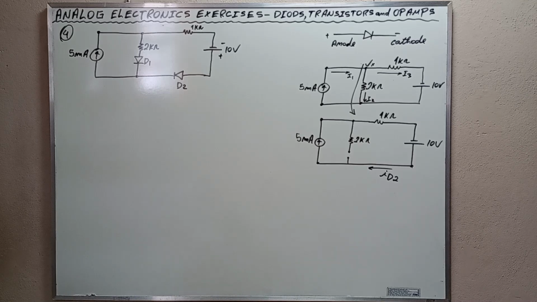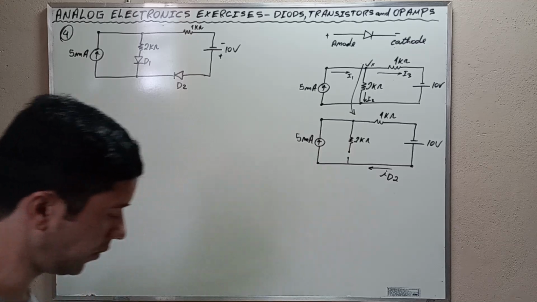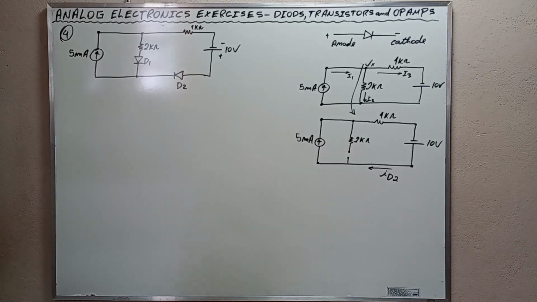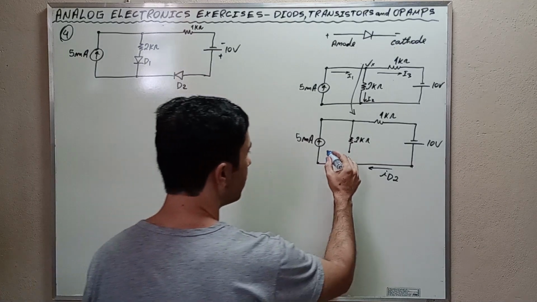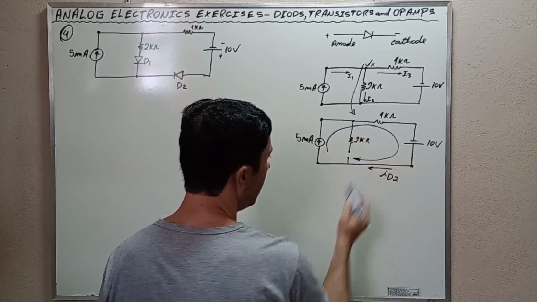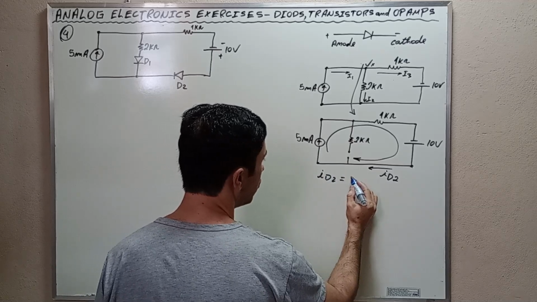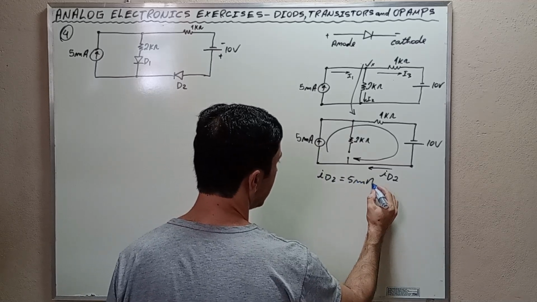As the central branch is open, observe here that the central branch is open. The current of the source passes entirely through the 1 kilo ohms resistor. Okay, the current is going to flow in this way here, and we know that I D2 is equal to 5 milliamps.